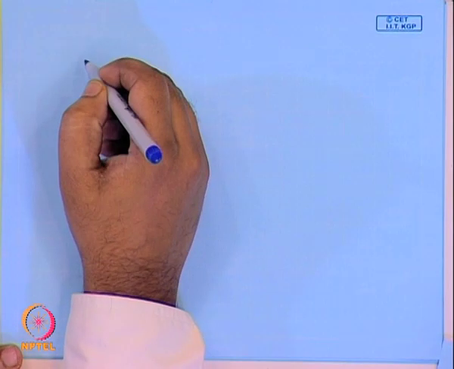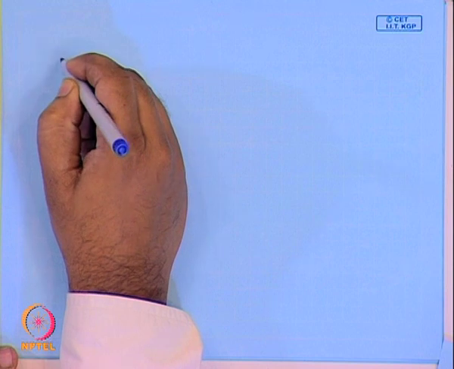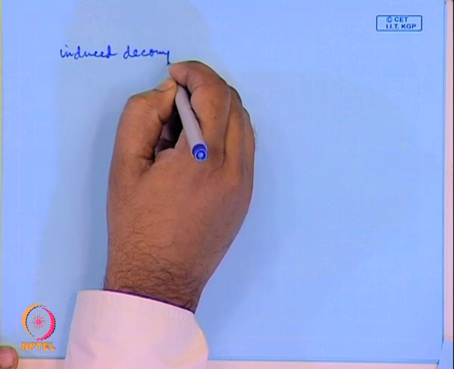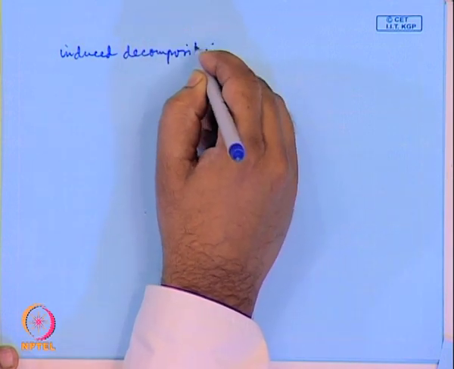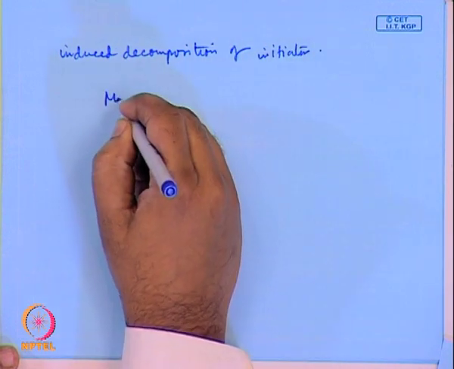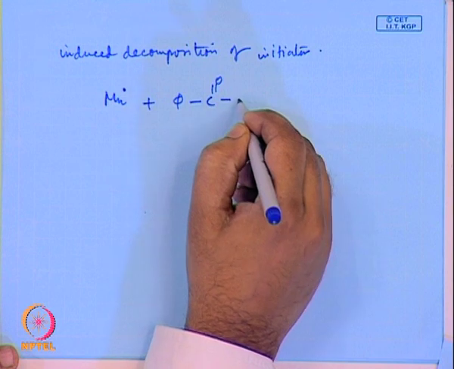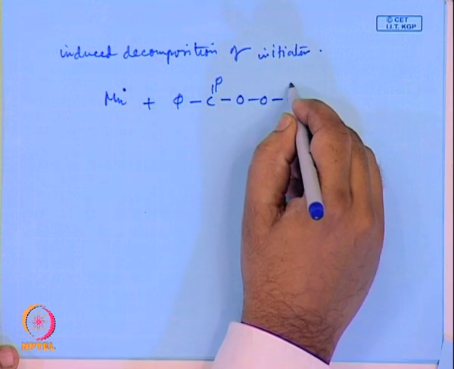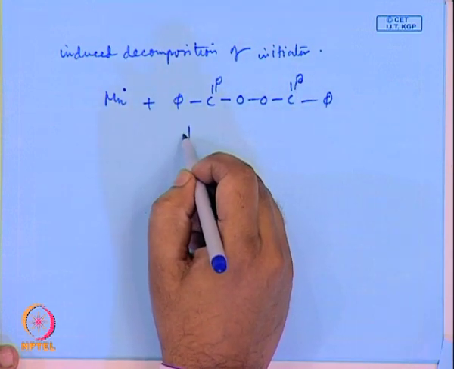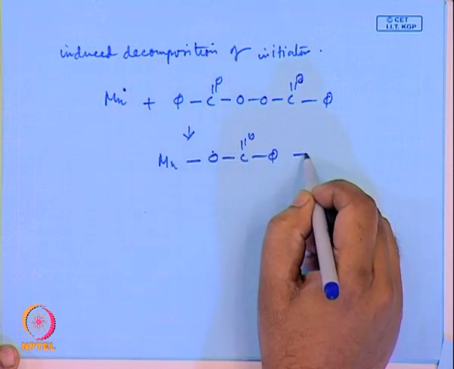Other examples, like if we take benzoyl peroxide and talk about induced decomposition of the initiator. If I have a propagating radical, now if I give the example of benzoyl peroxide, the propagating radical can react with the initiator molecule and form another radical.